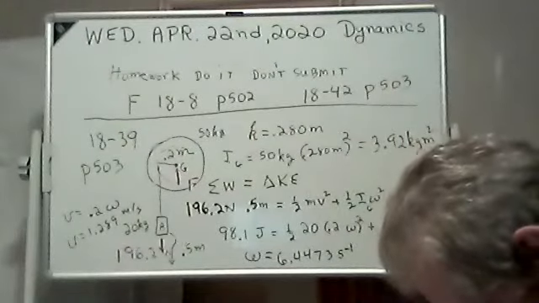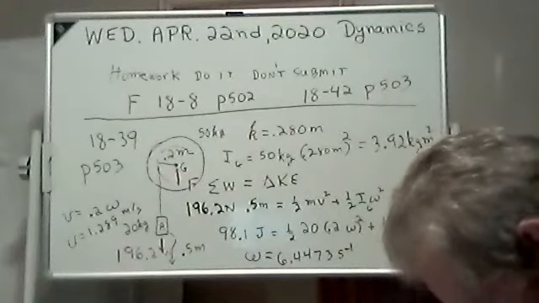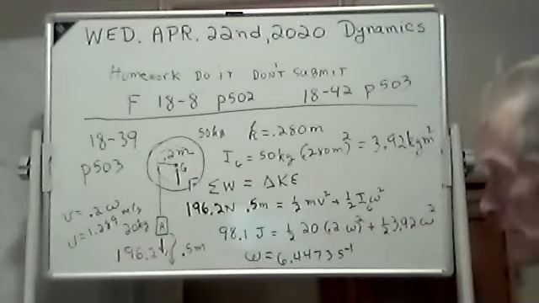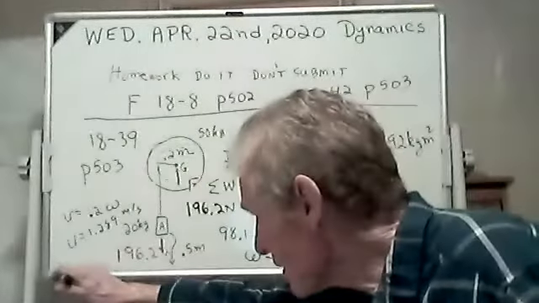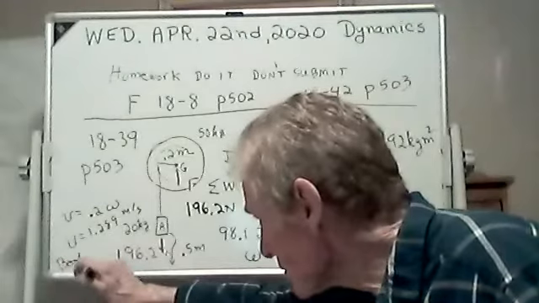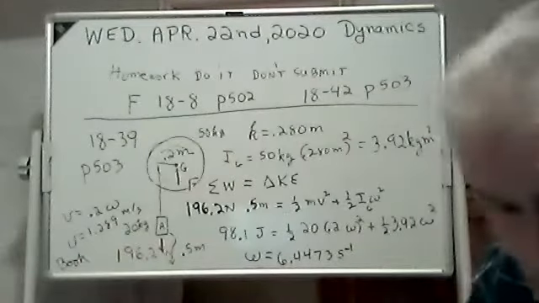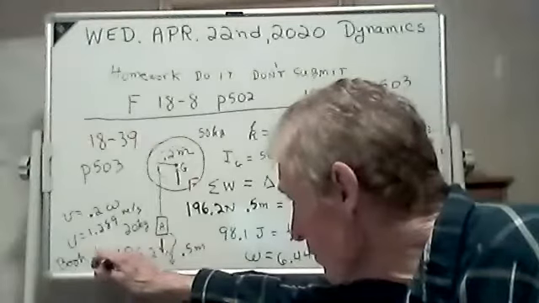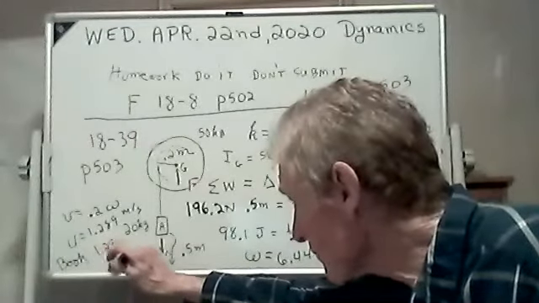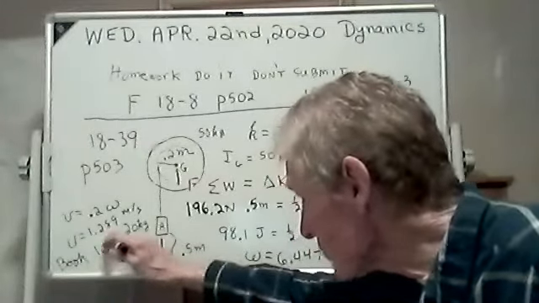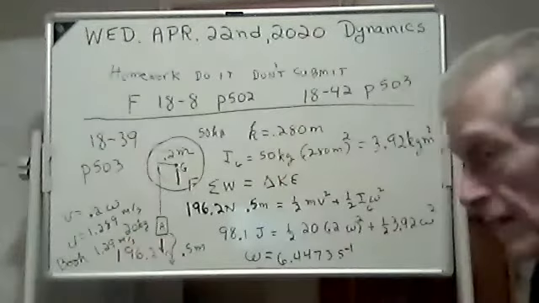Now let's see what they said. 1839. Well, by Jove, that's what they said. The book says, does this show up on your screen? The book says 1.29 meters a second. They just rounded off. Hey, we did it, yay.